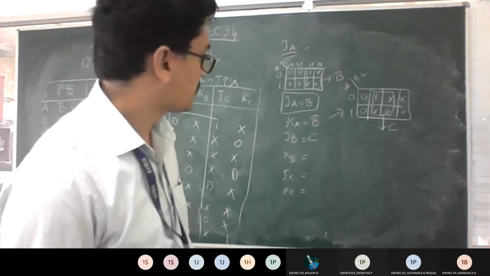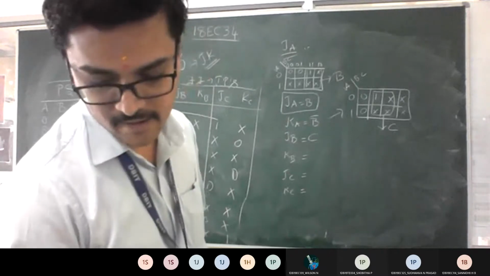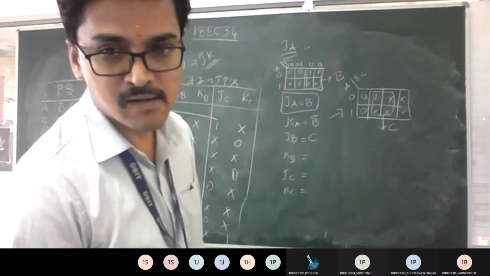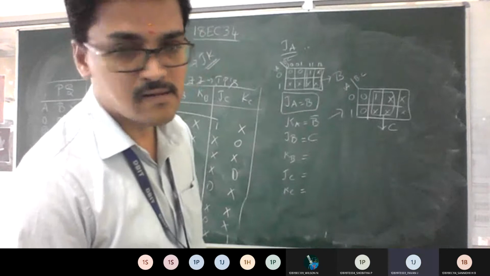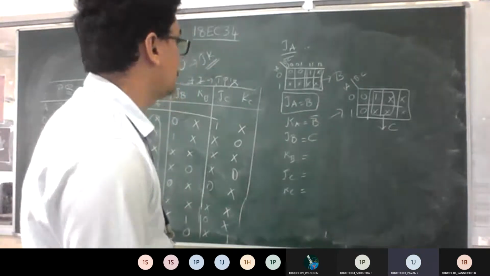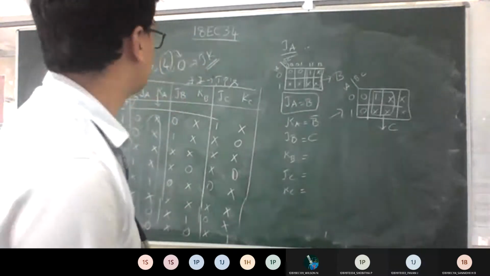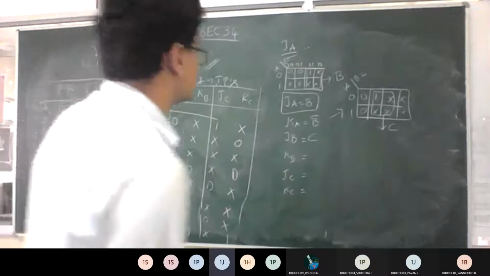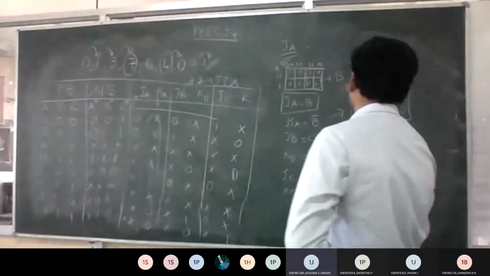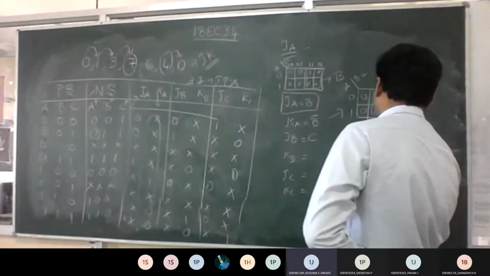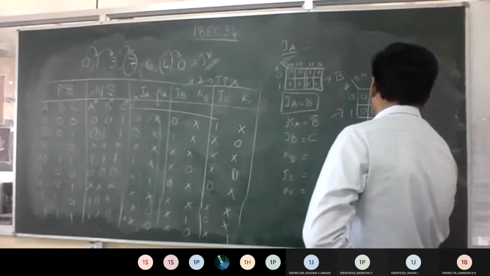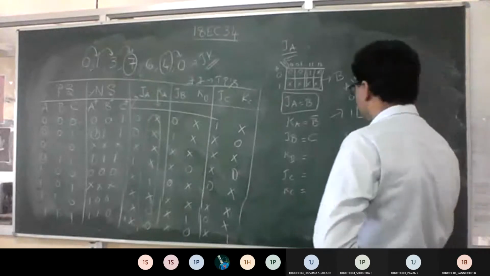B. You will get B as the answer for JKB. BC bar. You will get BC bar. C bar. Right.